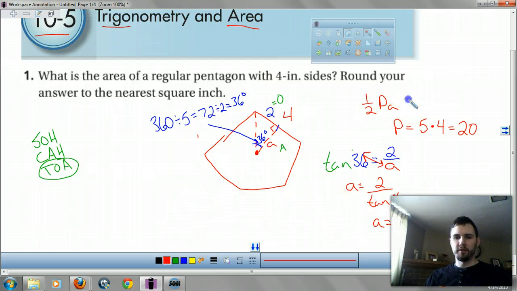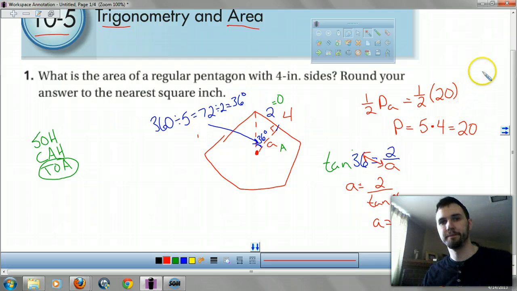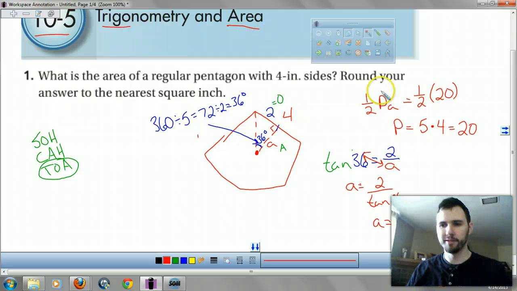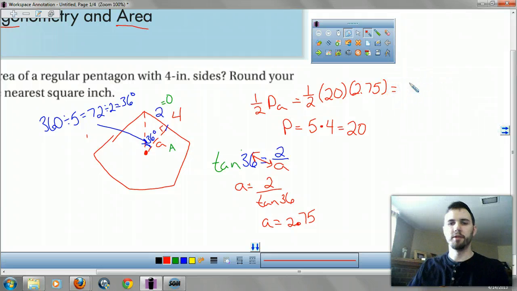So now I go back to my formula. My perimeter is 20 from right here, right? My apothem is 2.75, right? Plug that into my calculator. Actually, I don't need to.